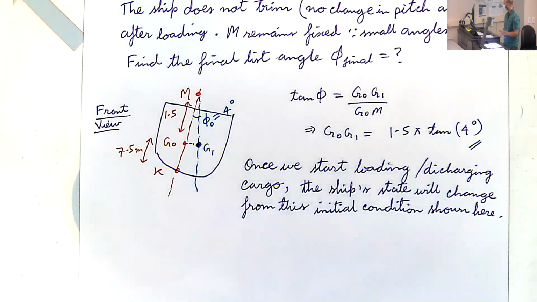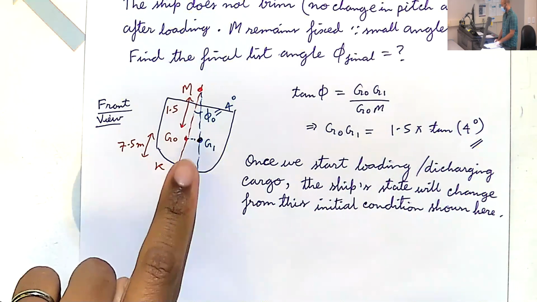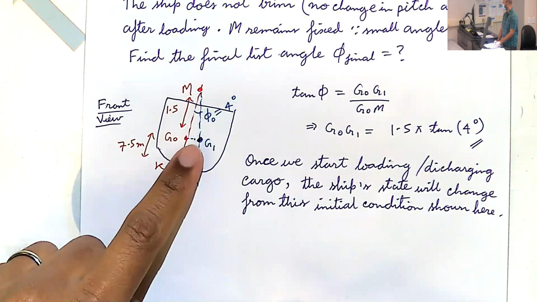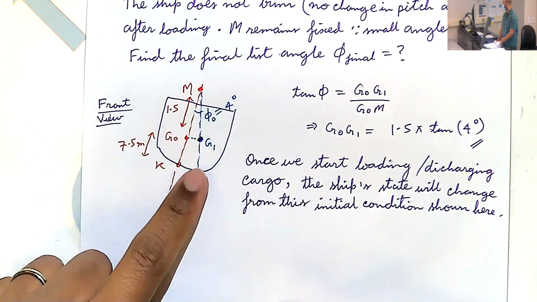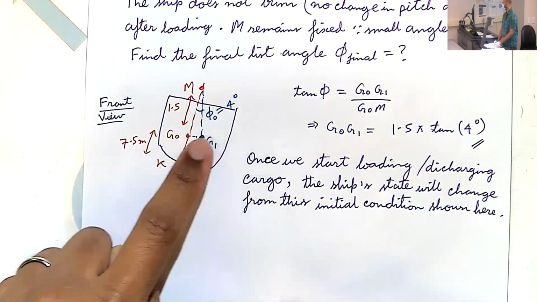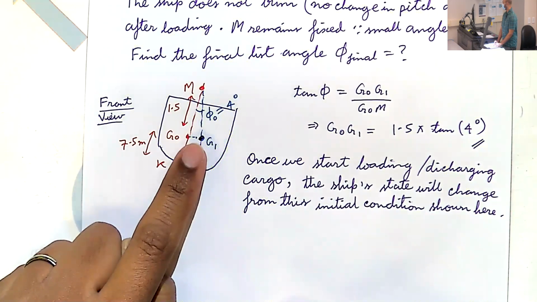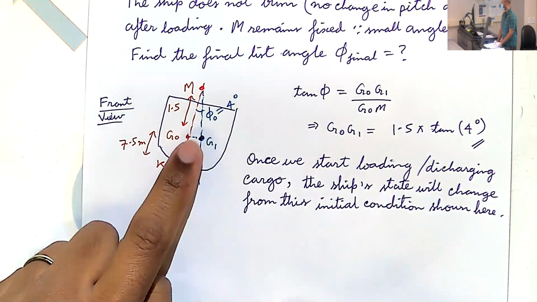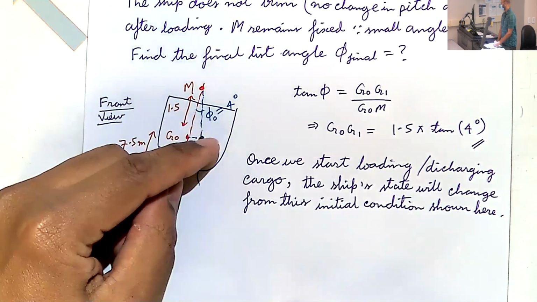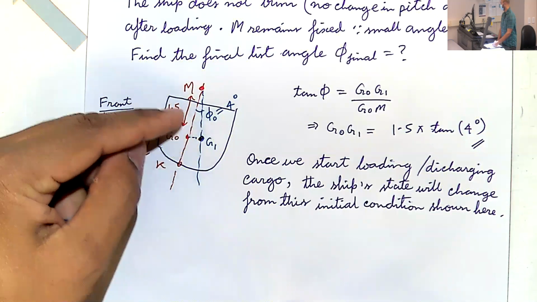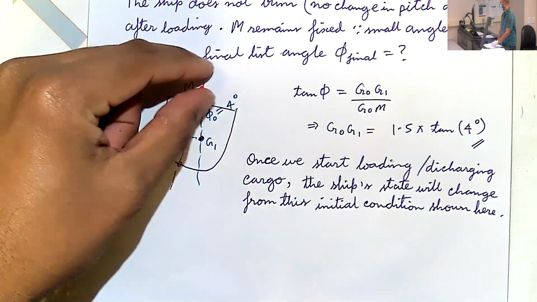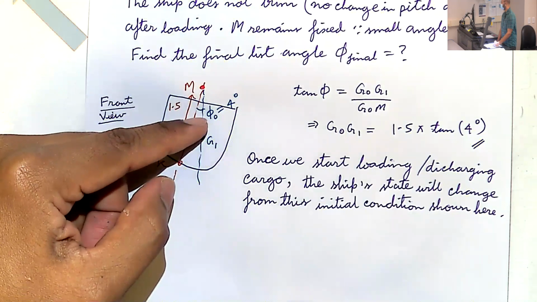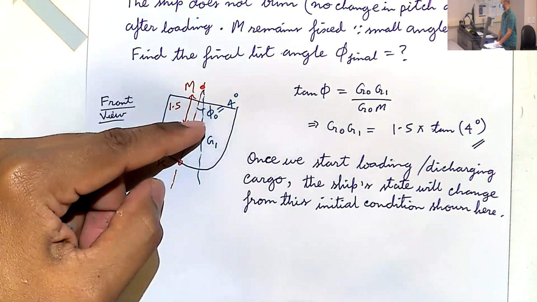There are two things that will happen to the G. It will move up or down as well as laterally. The reason for that is because you're adding extra cargo or removing extra cargo. Depending on where, if you place everything at the deck, you expect G1 to move up vertically slightly.